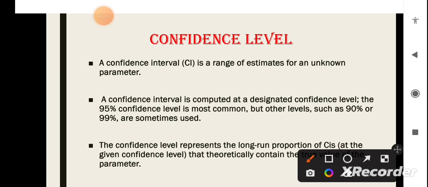Which means that for 90% confidence level the alpha is 10%, for 95% confidence level the alpha is 5%, and for 99% confidence level the alpha is 1%.